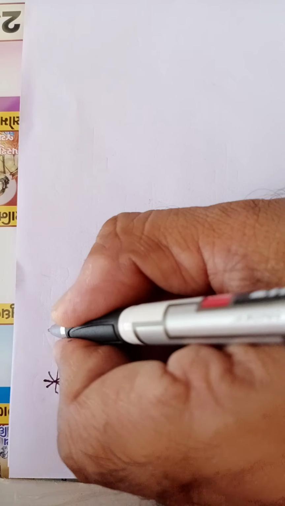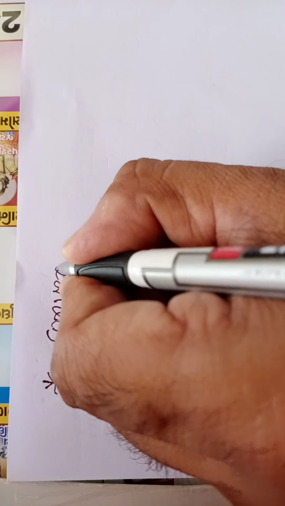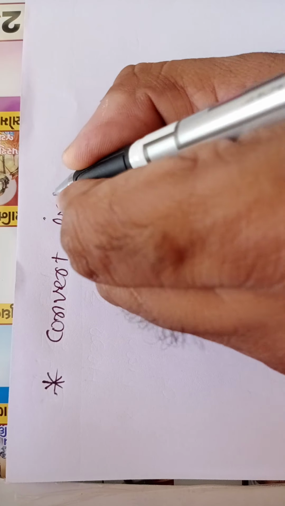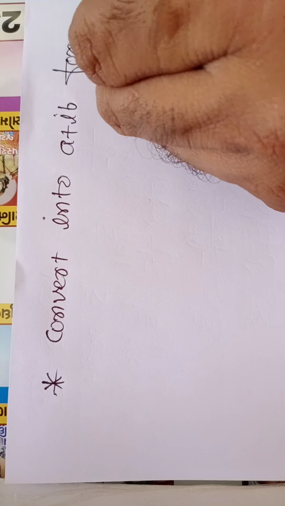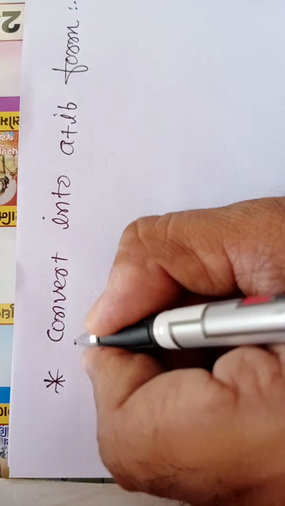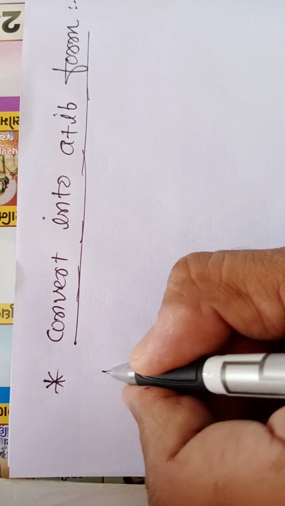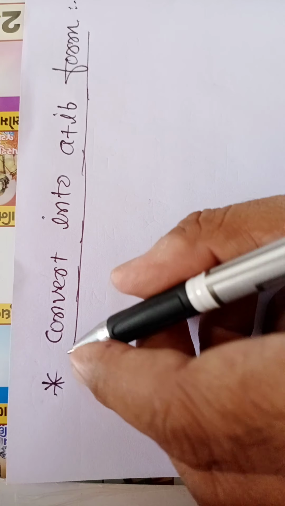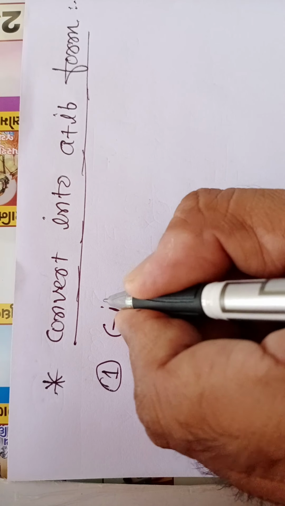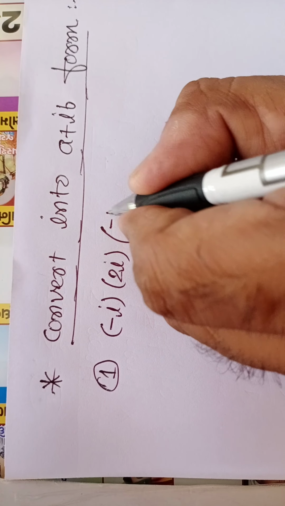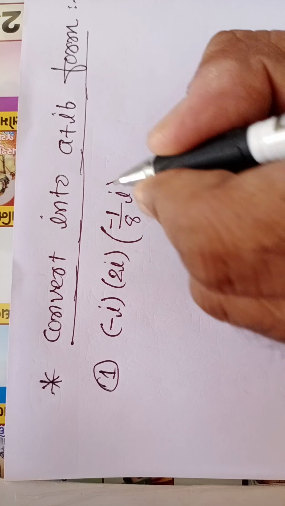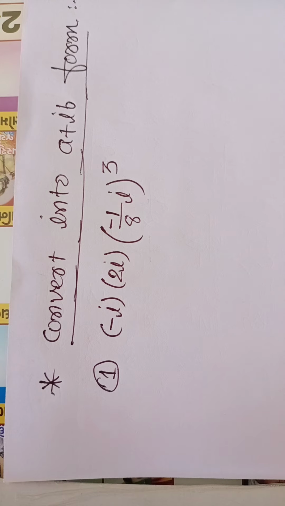Convert into a plus ib form. First one is this: minus i into 2i into (minus 1 by 8i) whole cube is this. Let us solve, what happened here.